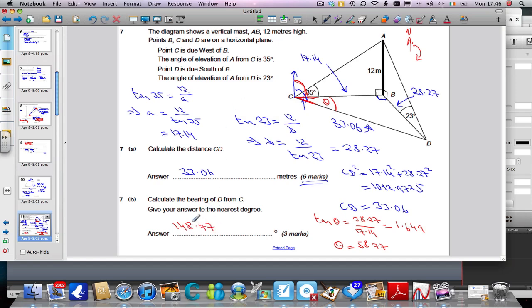We want it to the nearest degree, so let me just modify my answer here. Always reread your question. So to the nearest degree, 148.77 is in fact 149. So do be aware of that. I wanted my answer to the nearest degree, 149 degrees.